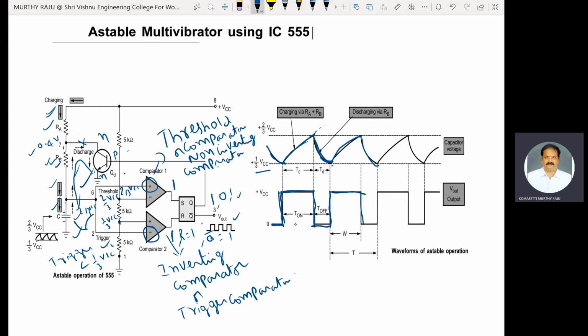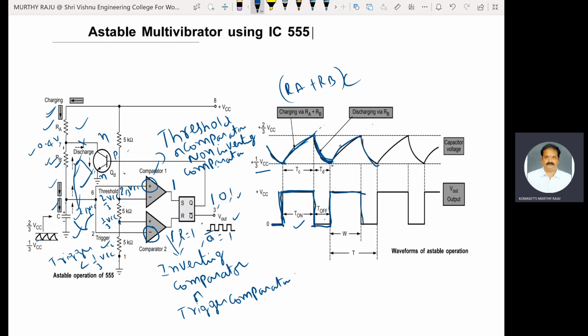During the T on period, the capacitor is charging. During the T off period, the capacitor is discharging. The charging time constant is greater than the discharging time constant because the capacitor charges through two resistances, RA and RB. Therefore, the charging time constant is (RA plus RB) into C. The discharging time constant is less because the capacitor discharges through RB only.